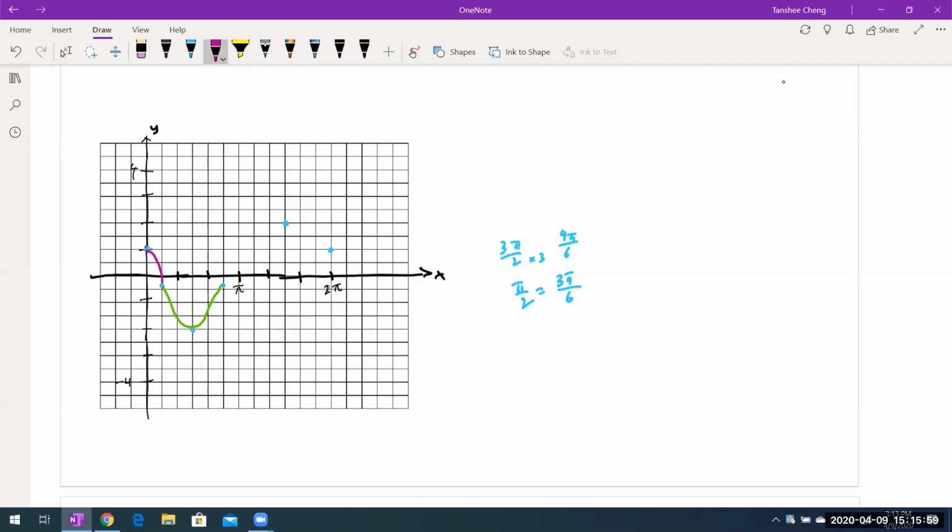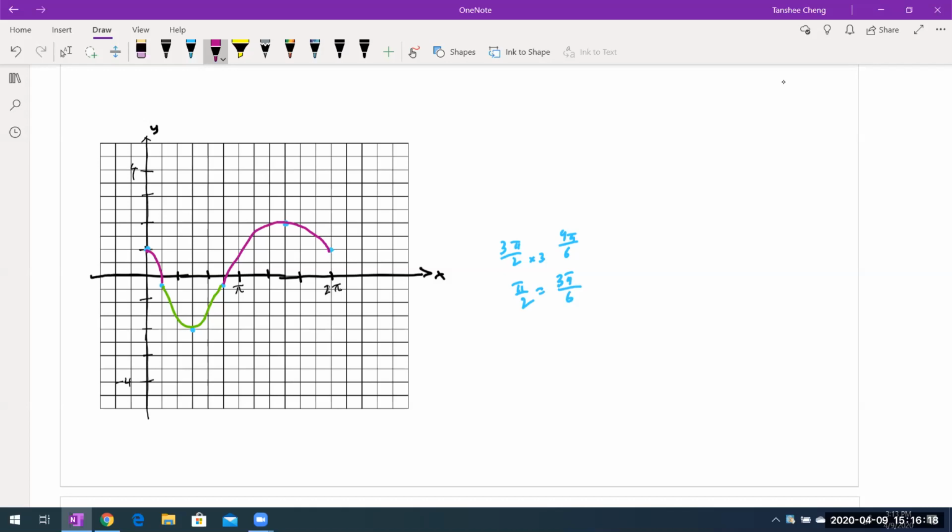And then from 5 pi over 6 all the way to 2 pi is also concave down. So it'll be getting a peak and then coming back down like this. Okay, so that's the best I can draw on this pad, but that's only using the concavity part, right?